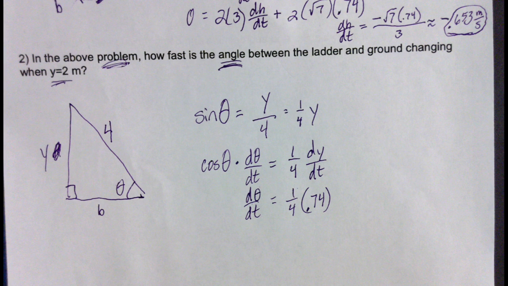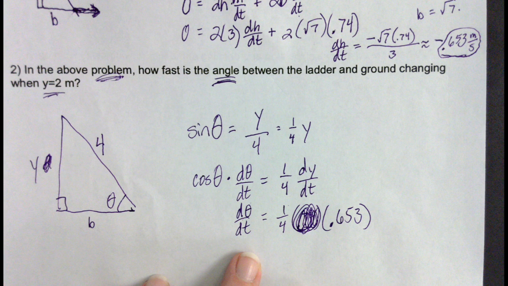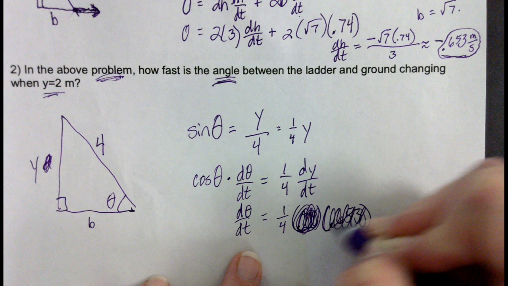If we do the cosine of theta equals b over 4, then you get change in b: negative sine theta d theta dt equals 1/4 dB dt, and I know dB dt is 0.74.